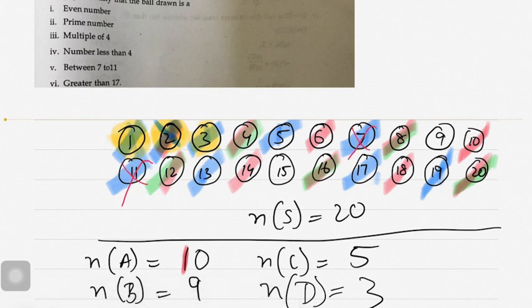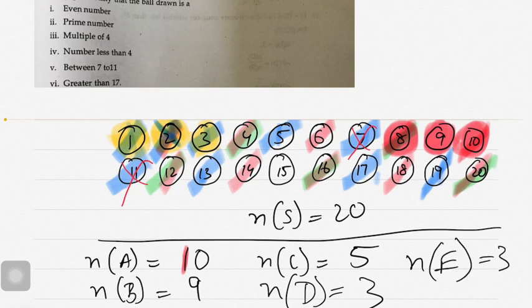So I will not consider 7 and 11. So numbers between 7 and 11 is 8, 9 and 10. So your n of E will be 3. So your probability would be 3 by 20.